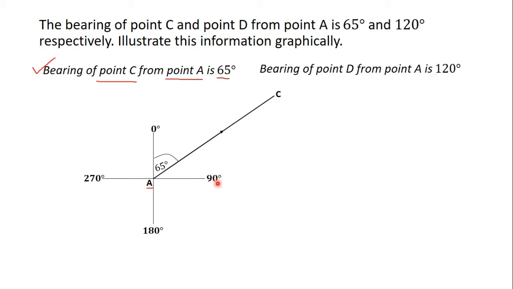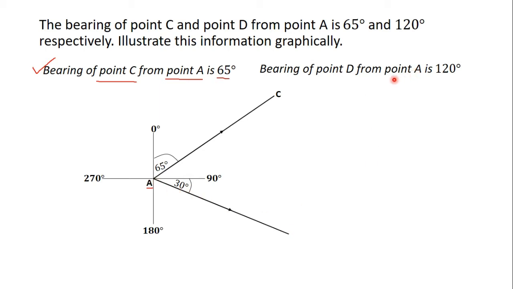We are going to get that by subtracting 90 degrees from 120 degrees, and that is going to give us 30 degrees, because 30 plus 90 will give us 120. So it means that if you want to get the second bearing, that's the bearing of point D from point A, you have to measure 30 degrees from 90 degrees in the clockwise direction. So you measure 30 degrees from 90 degrees, then you draw the line.